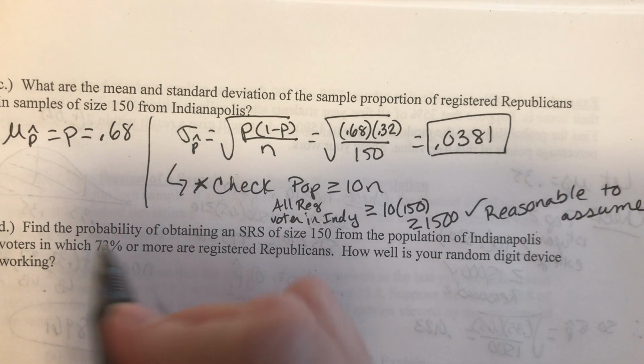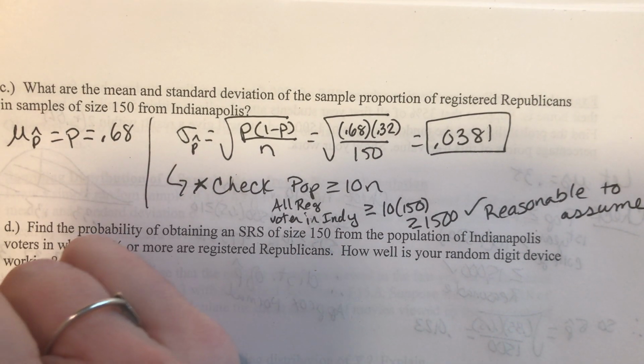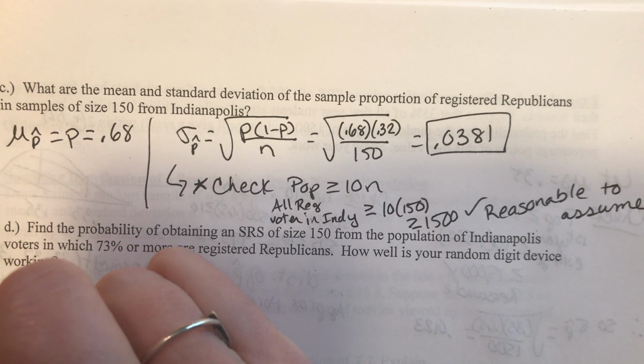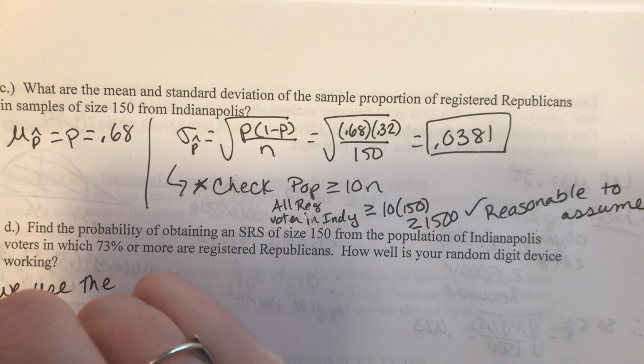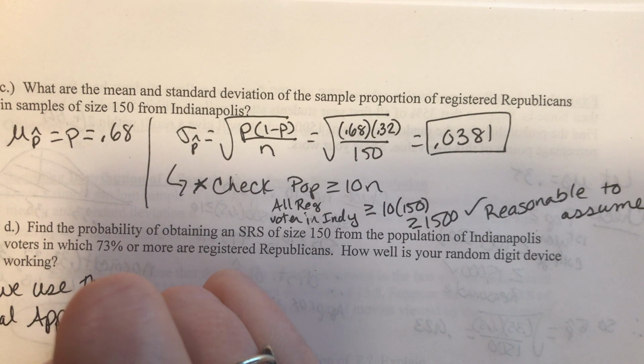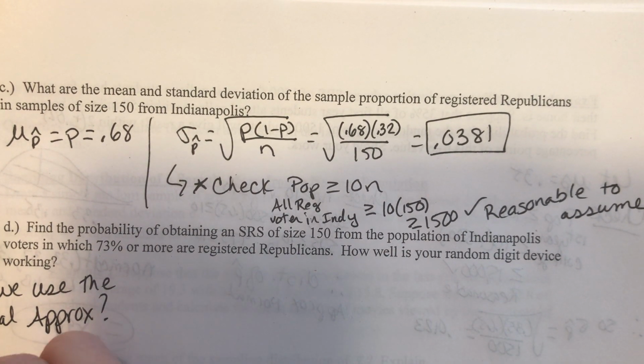In order to use the normal curve, we have to first say, can we use the normal approximation? In order to do that, we need to check n times p is at least 10 and n times q is at least 10.